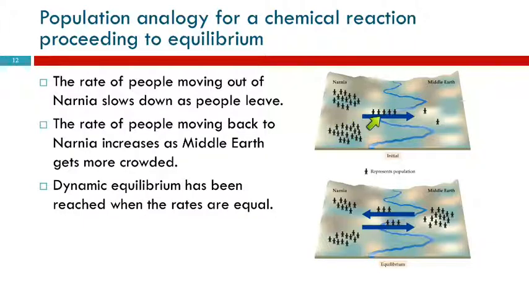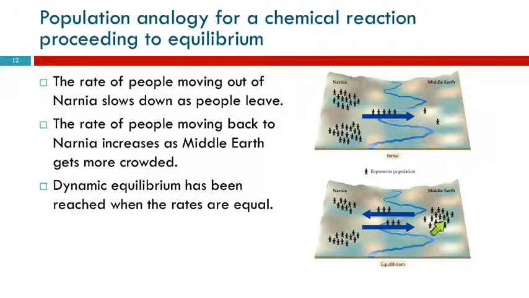So initially, a lot of people are going to immigrate to Middle-earth. Is there anybody moving to Narnia here? No, because there's hardly anybody over there to move back, right? So initially, we've got this forward reaction occurring.